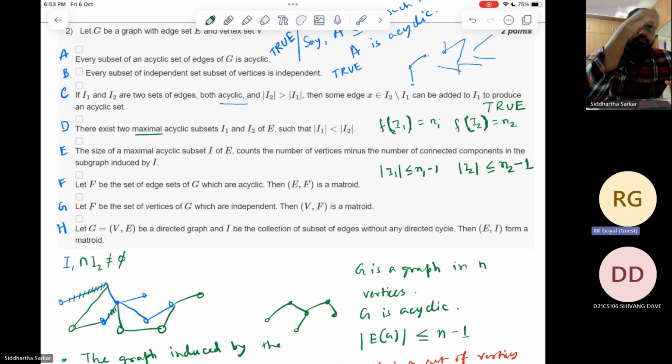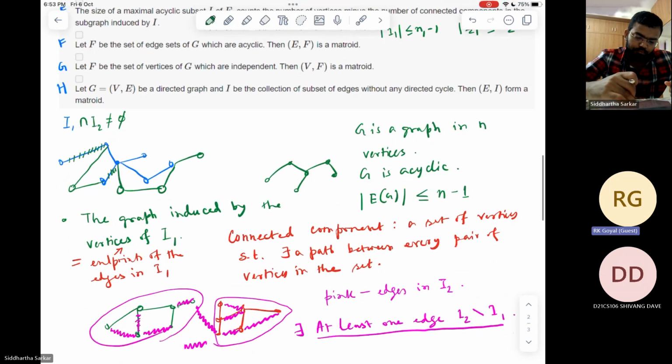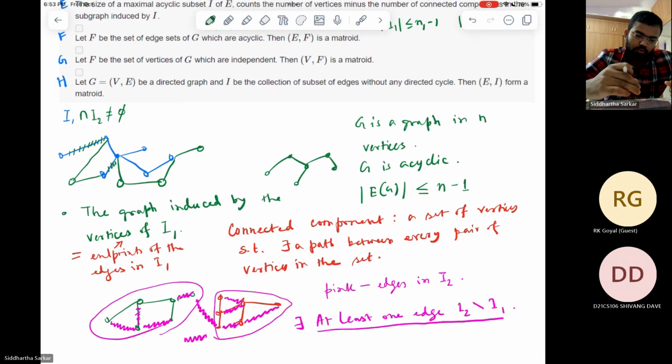So what's the meaning of the graph induced by the vertices? In the previous option also you mentioned this, the graph induced by the vertices. So what does it mean?